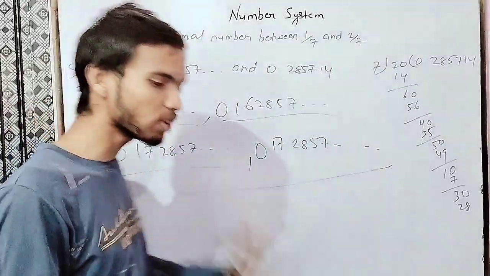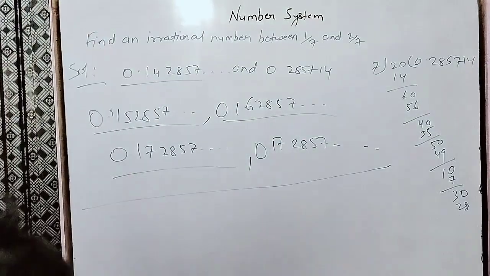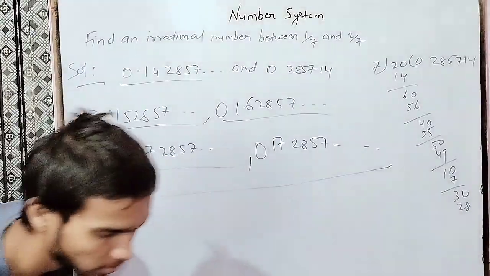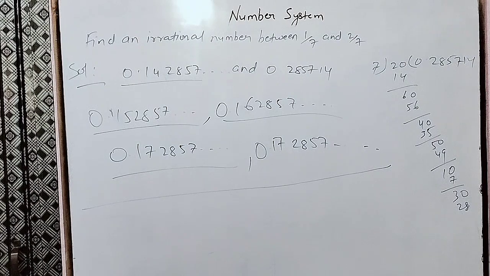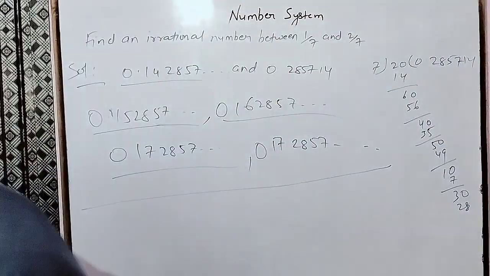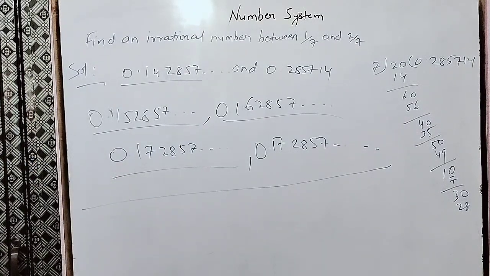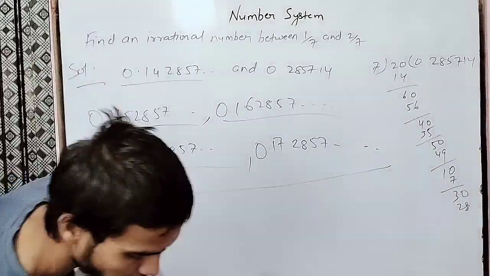Like that you can find infinite irrational numbers between given two rational numbers. Just have a look. Next question.